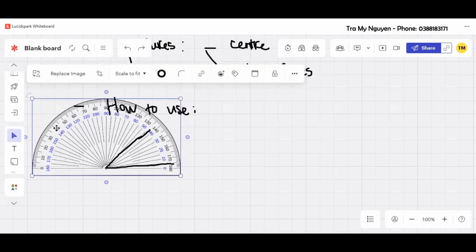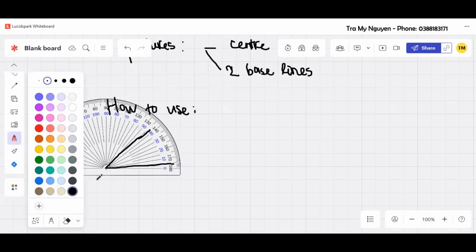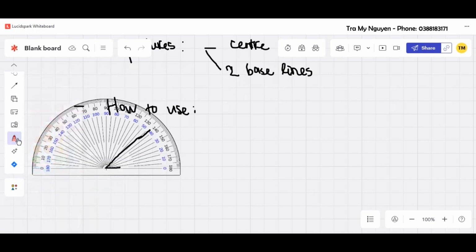Okay, that's good. So I think I need to redraw the line, the arm here, because it is not straight at all. Okay, I will redraw this line.